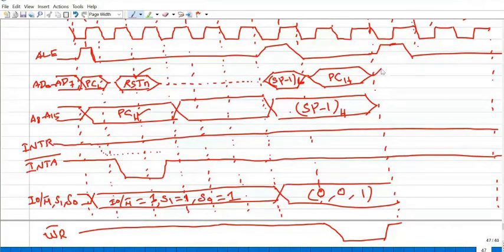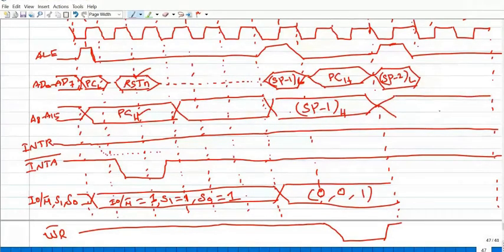So AD0 to AD7 is used to hold your SP minus 2 lower order address. Then A8 to A15 hold the SP minus 2 higher order address.